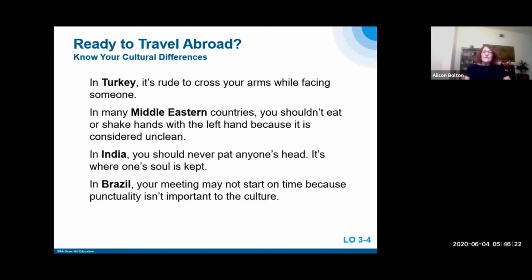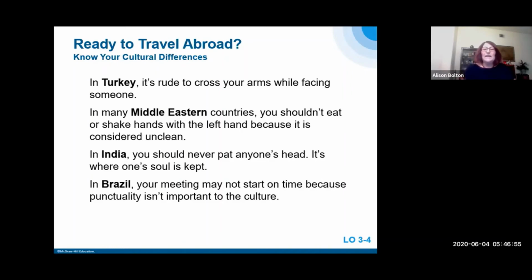In Middle Eastern countries, you don't eat or shake hands with the left hand. It is considered unclean. So if you're left-handed, think this through and reach out with your right hand. If you can't eat right-handed, try your best, or excuse yourself for eating with your left hand instead of your right, and they'll understand.